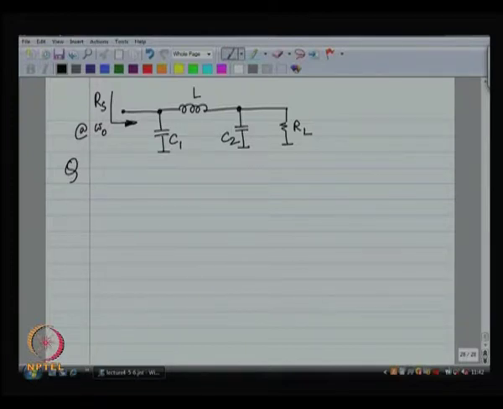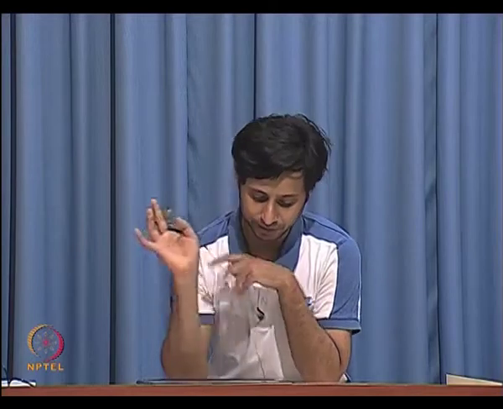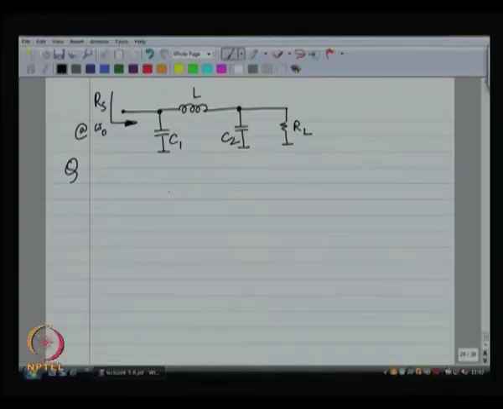Now, how you can conceptualize this network is as follows. Let us split L into 2 pieces, L 1 and L 2.